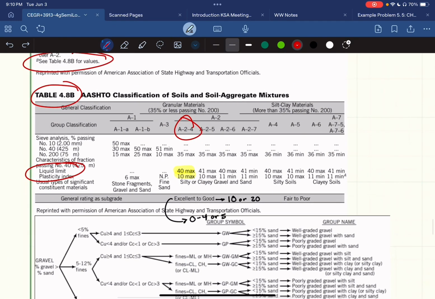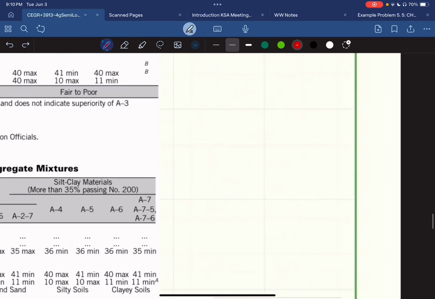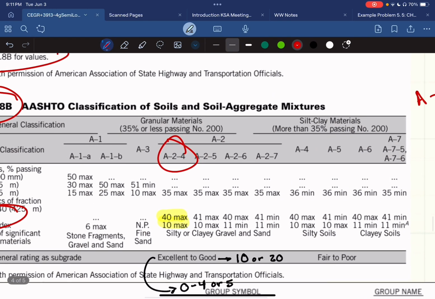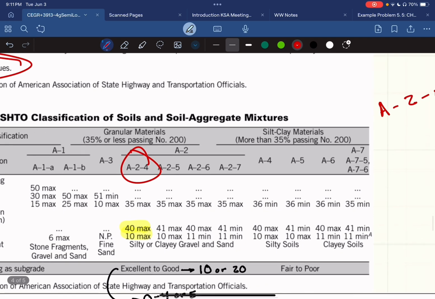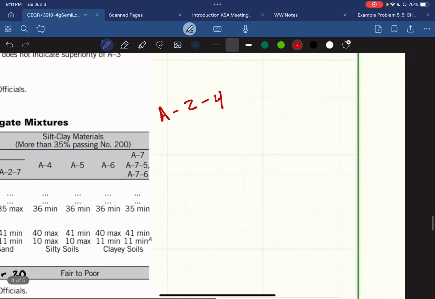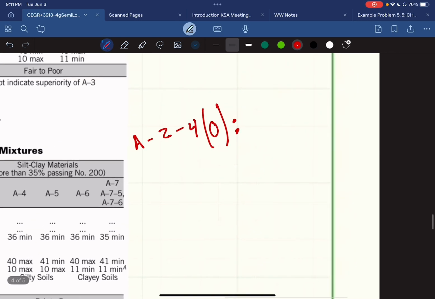Reiterating that, let's name our AASHTO soil. This is going to be an A-2-4 based upon the group that we chose it in, and this is going to be our group index here, which was 0.